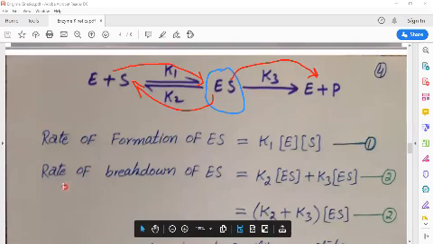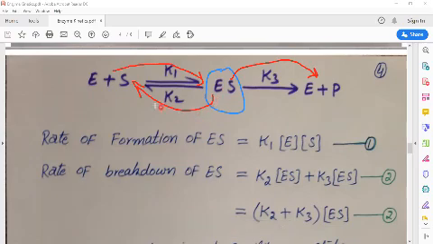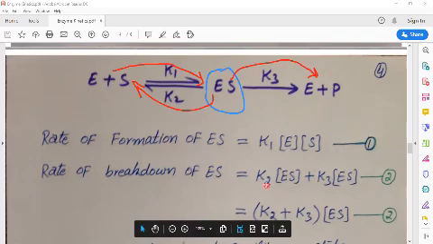And in equation 2, the rate of breakdown of enzyme substrate complex. The enzyme substrate complex breaks down in the first step into E plus S, and in the second step into E plus P. Now we can write K2 times enzyme substrate complex plus K3 times enzyme substrate complex.